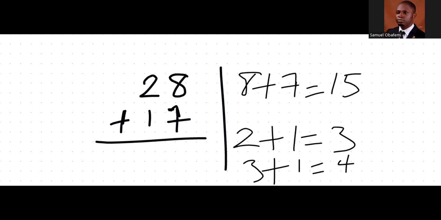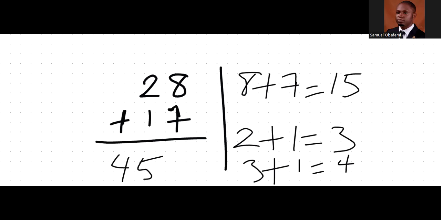Now, in solving this kind of mathematics problem, we follow different procedures, and those procedures are in series of steps. Step 1, add the units. Step 2, since the units run into tens, carry the tens value over.